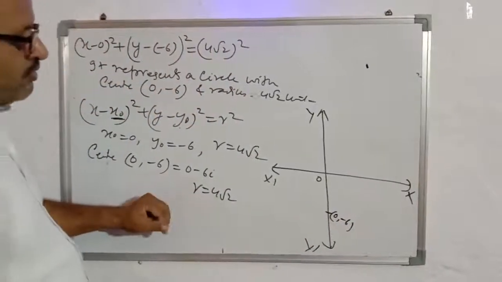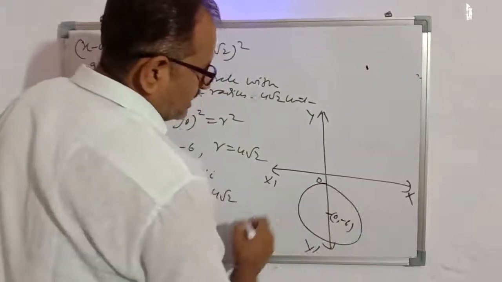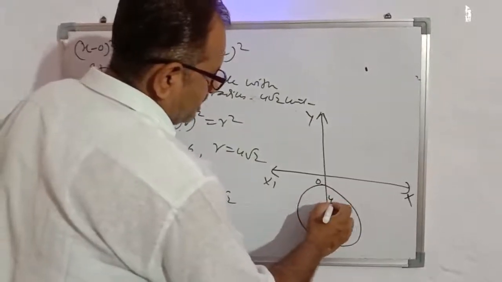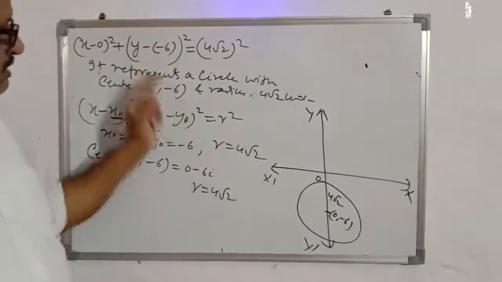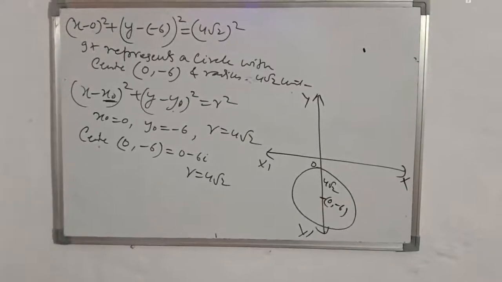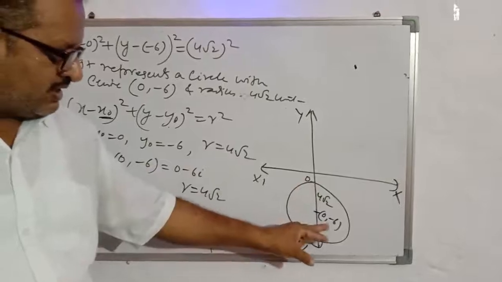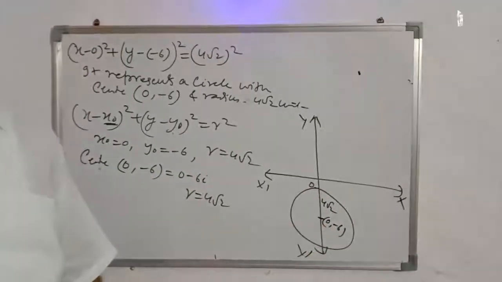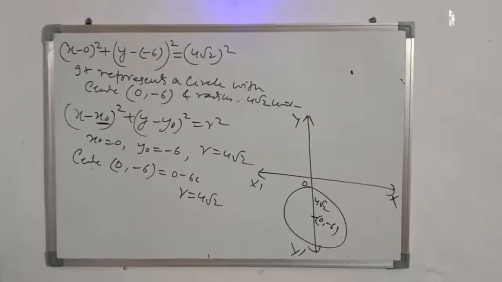Radius is 4√2, so we can draw a circle of radius 4√2. This is the geometric figure represented in the Argand plane. So the given complex equation represents a circle with center (0, −6) and radius 4√2. This is the solution. I will take one more question.